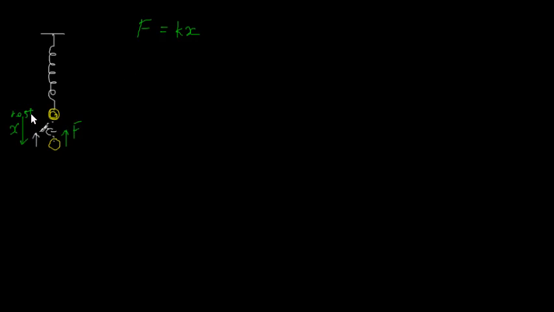Now, this kind of motion, this kind of oscillation, in which force and displacement are related in this way, has something in common in the way they move, and there is a name given to this kind of motion.